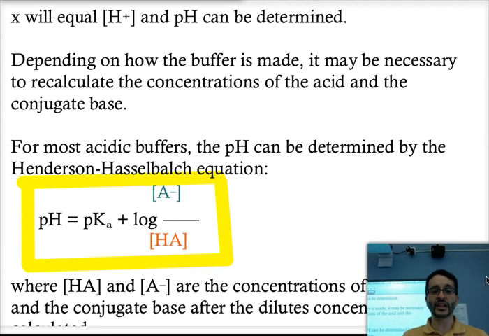So I would recommend that one of the few equations that you should memorize is this one, because it will help you work with buffers very quickly. The pH of a buffer is going to be equal to the pKa of the acid plus the logarithm of the initial concentration of the conjugate base over the concentration of the acid.